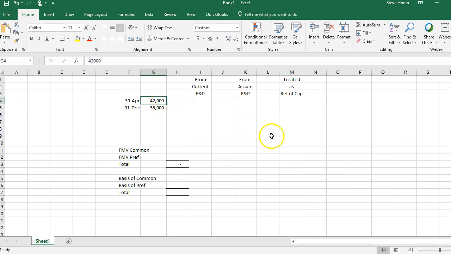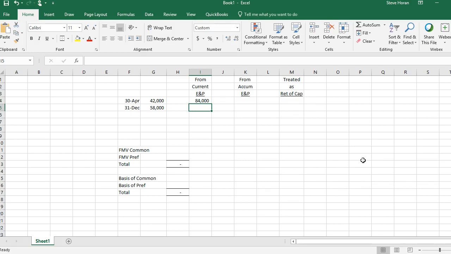So you've got the 2 distributions, 42,000 on April 30 and 58,000 on December 31. Let's go ahead and do the calculation for this one, and keep in mind that current E&P for the year is 84,000. I'm just going to type that number in.